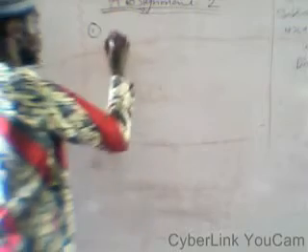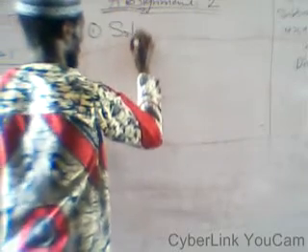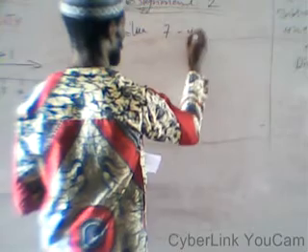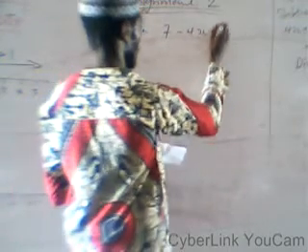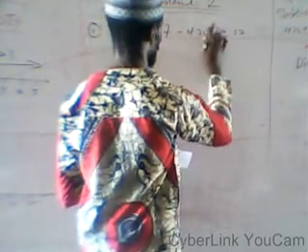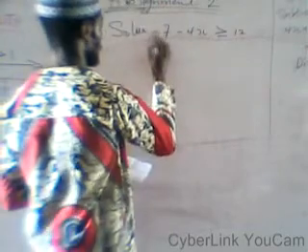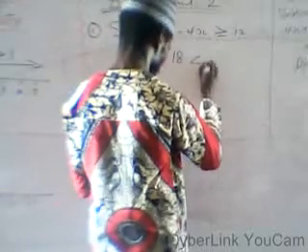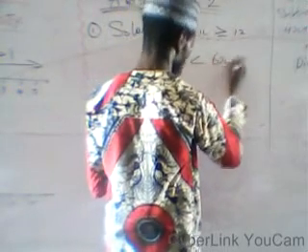One, you have to solve: A, 7 minus 4x greater than or equal to 12. B, 18 less than 6x plus 5.